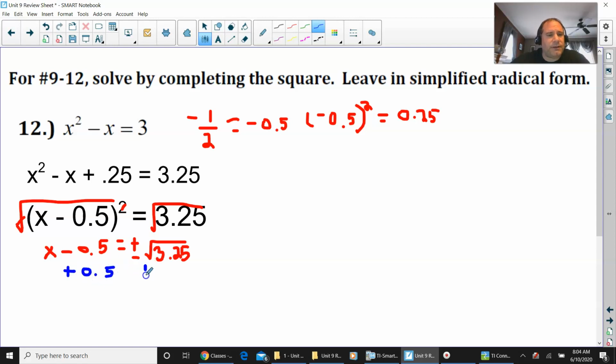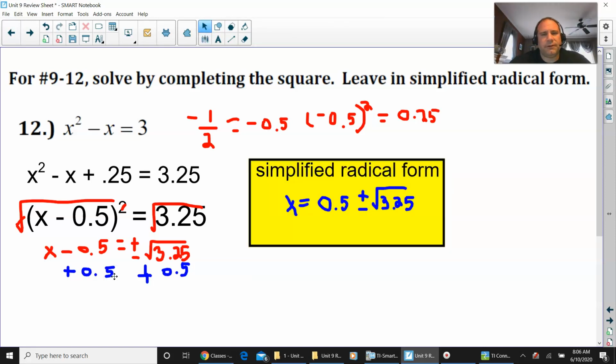You're adding 0.5 to both sides, and it becomes x equals 0.5 plus or minus square root of 3.25. So that is simplified radical form. And that is that for number 12.